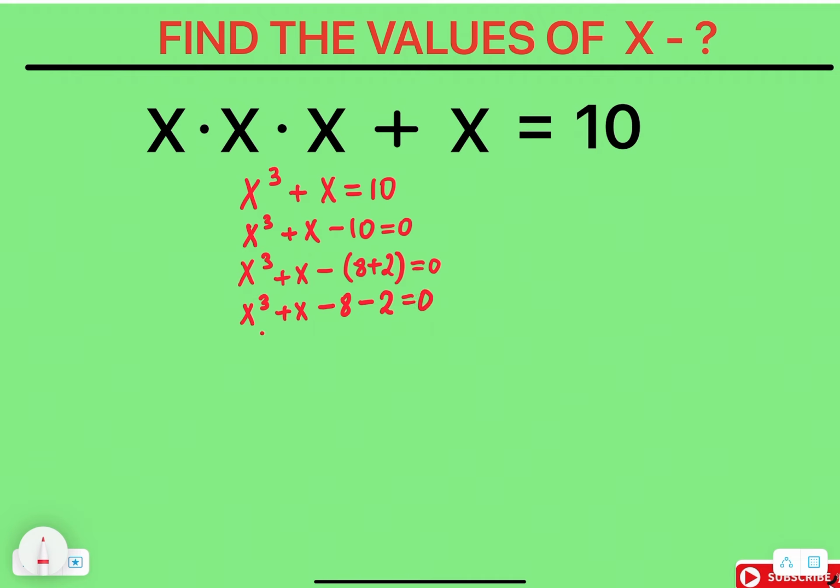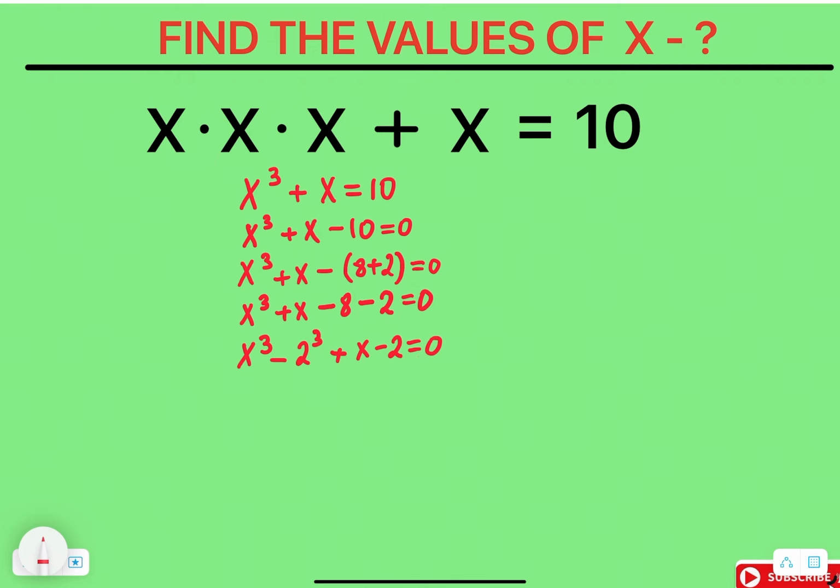Now let's combine like terms together. We can make 8 as 2 cubed, right? We will make x cubed minus 2 cubed, because we know 8 is 2 cubed. Then we have plus x minus 2 equals 0.